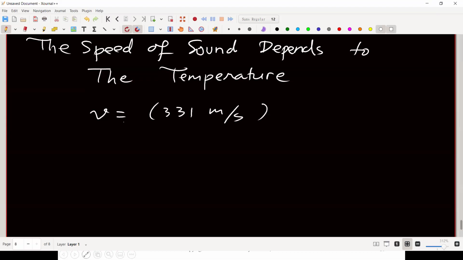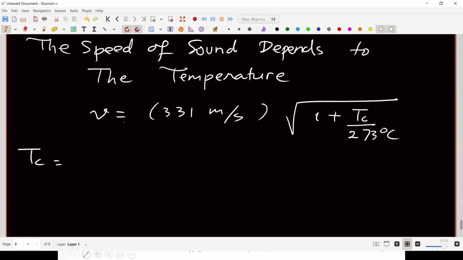Square root of 1 plus Tc divided by 273 degrees Celsius. Okay. So Tc is the temperature in degrees Celsius.